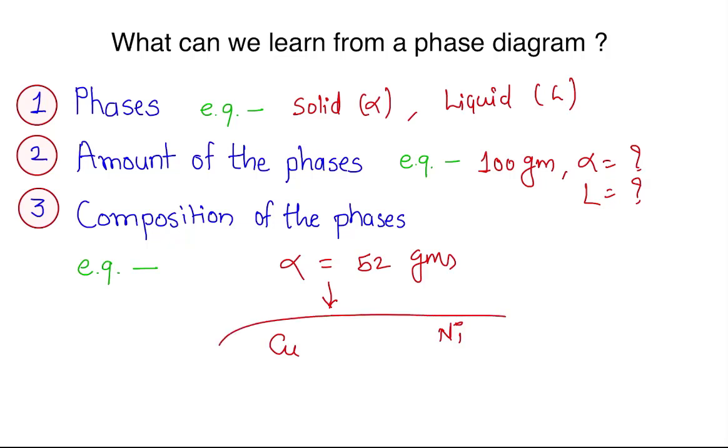Out of this 52 gram, how much copper is in a solid state, how much nickel is in a solid state, this we can tell. Suppose for example 26 gram is solid copper and 26 gram is solid nickel. So we can find out these things from a phase diagram.